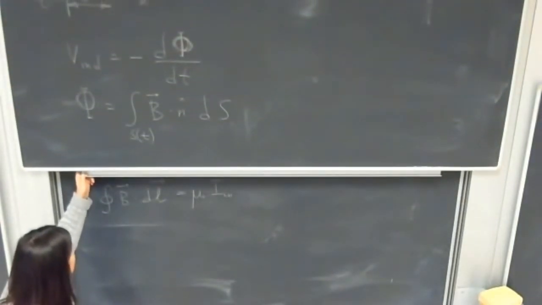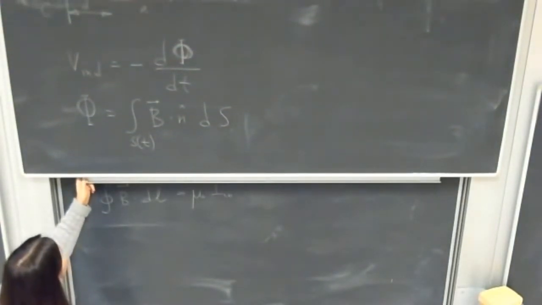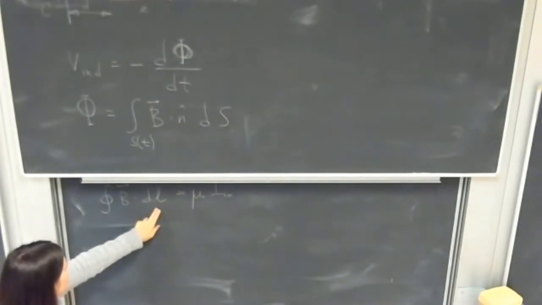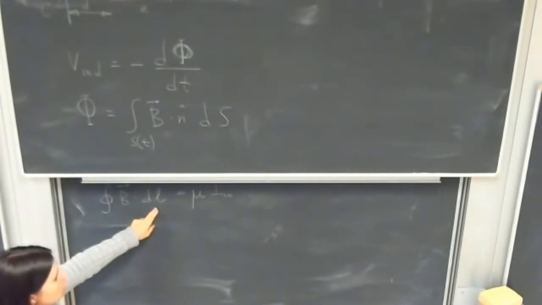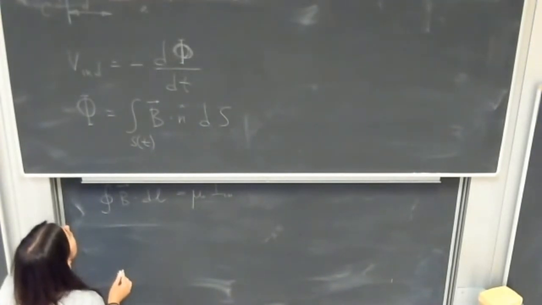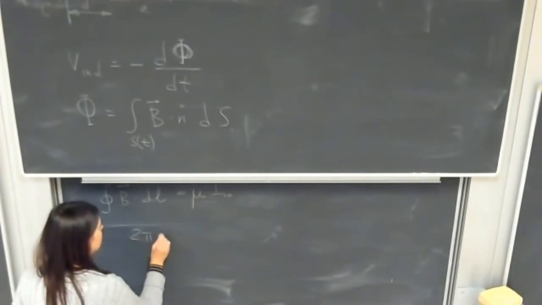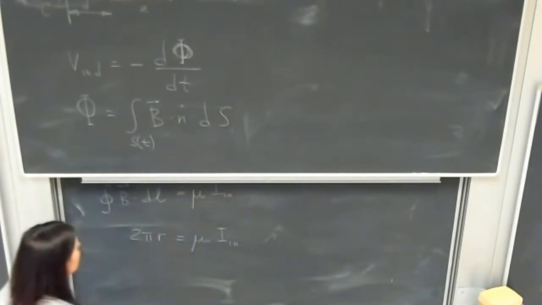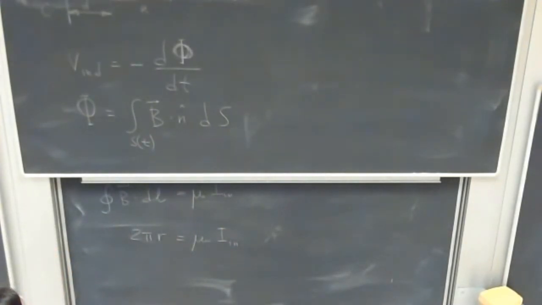So for this equation, then we can write what is the B. The closed loop over which we can integrate B is 2 pi r, the circle. Need to figure out the direction.